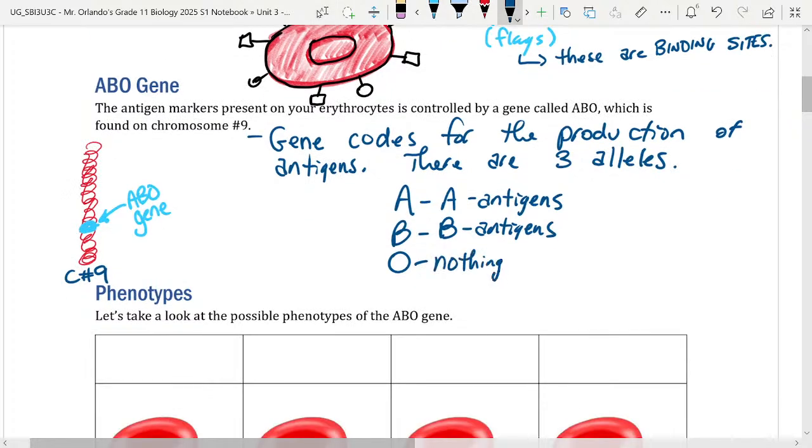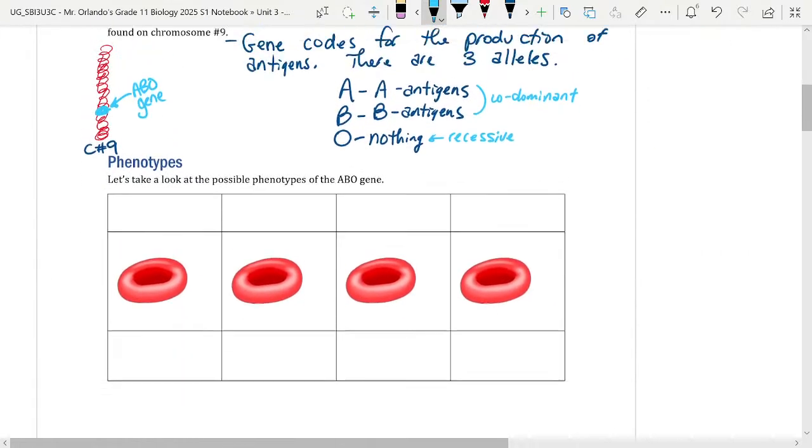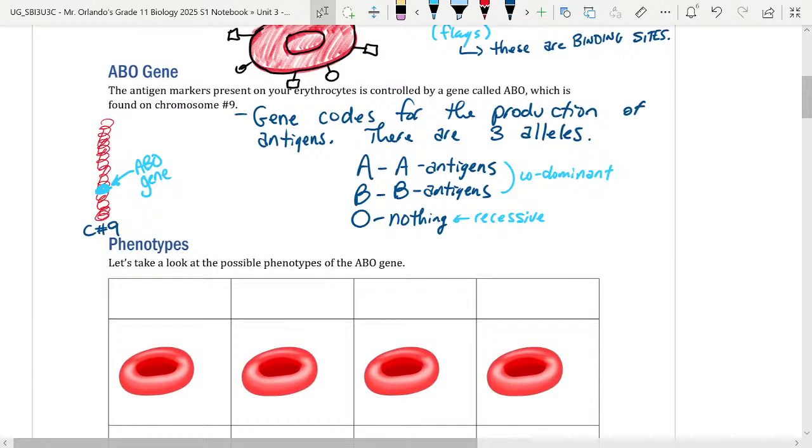And if you recall, A and B are both codominant, which means that they can both be dominant, so if you have A and B, you'll have A antigens and B antigens. And the O we think of as being recessive because you wouldn't have no antigens unless you have 2 copies of the O allele. What are the possible genotypes?